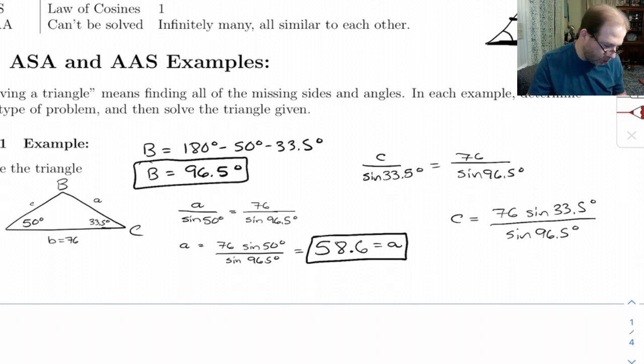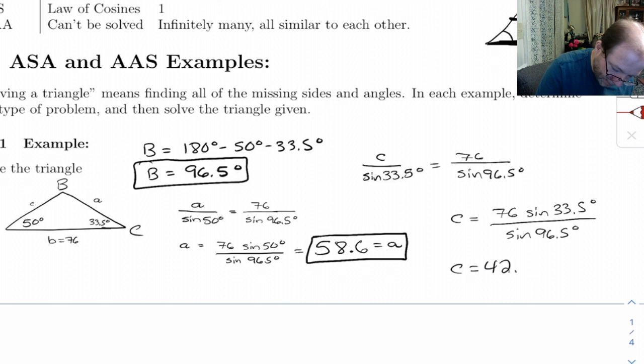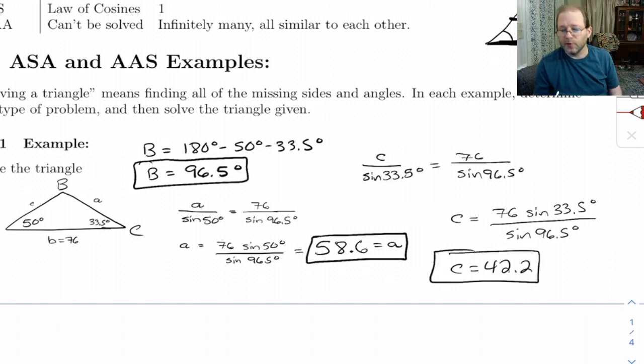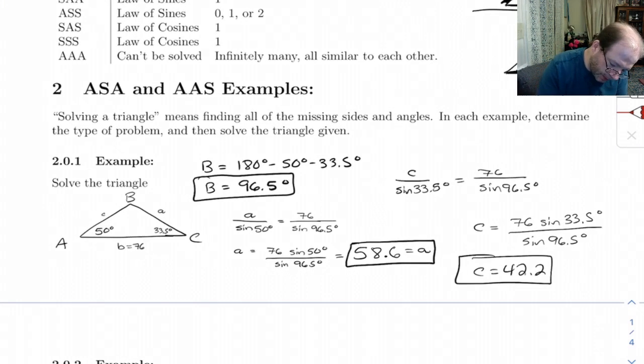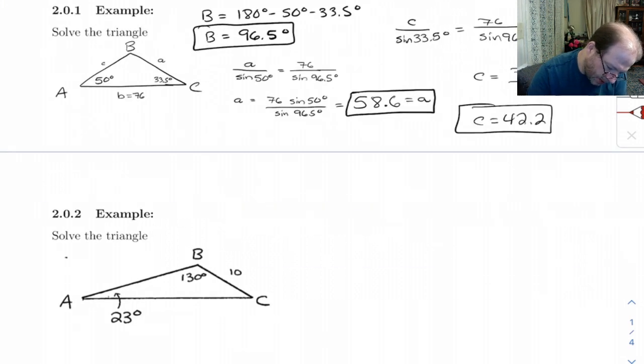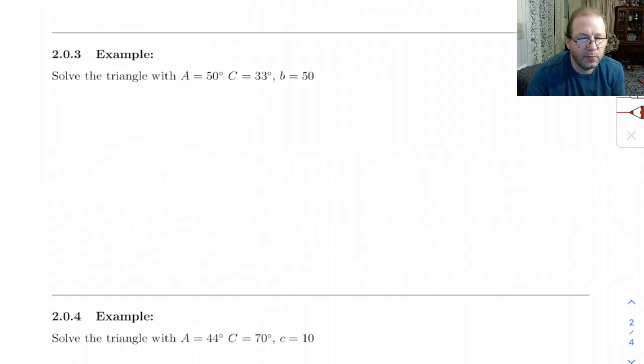That gives me 42.2. All right, and that's pretty much all there is to it. Let's see. I've got several more examples, but I think I'm going to put those in the next video.